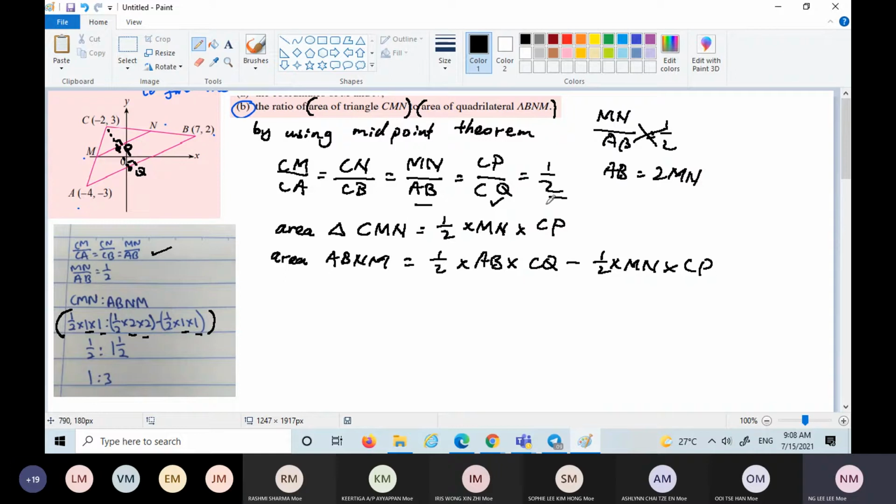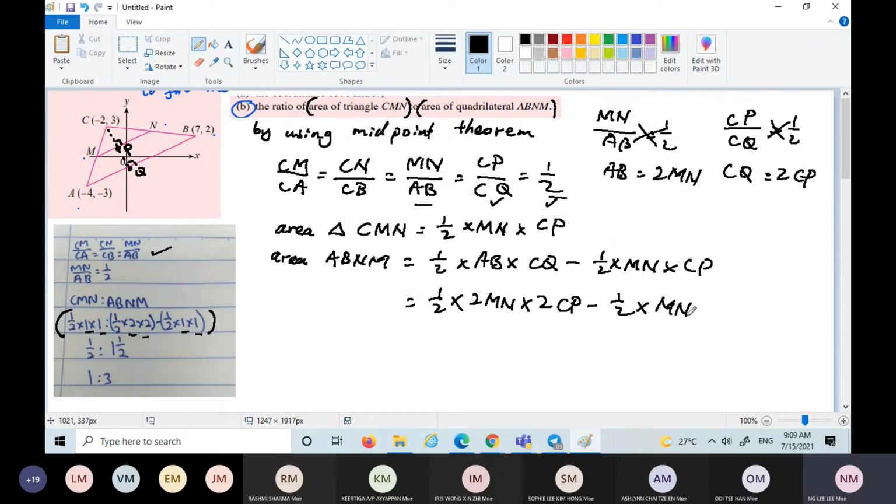I'm going to take this and this, same thing. CQ is 1 over 2 cross, therefore CQ is 2CP. So here I continue, AB with the 2MN, CQ as the 2CP. So this one is simplified a bit.